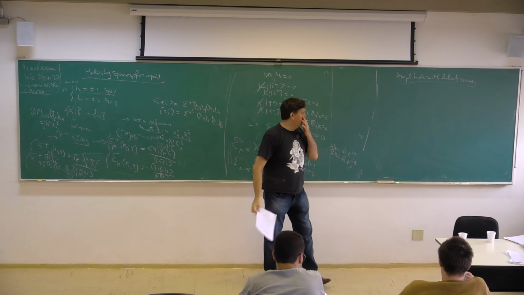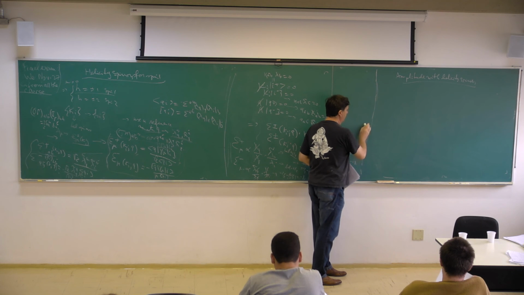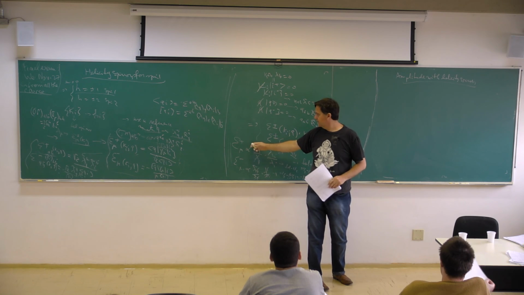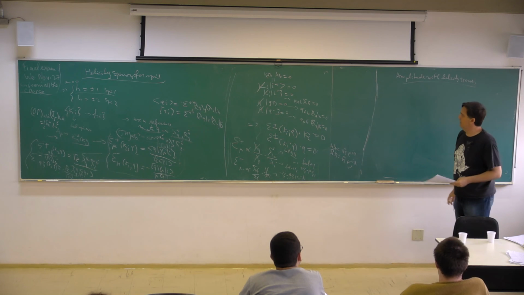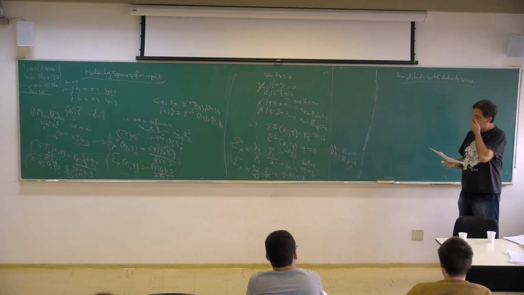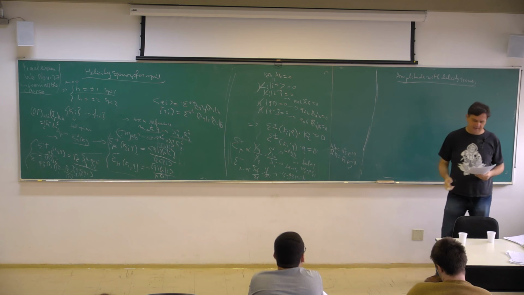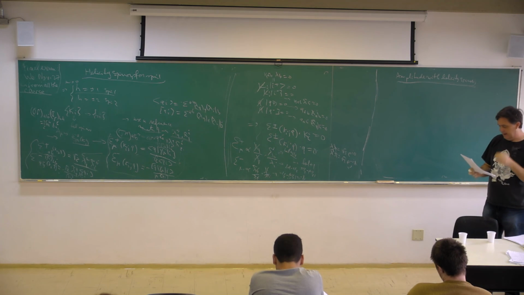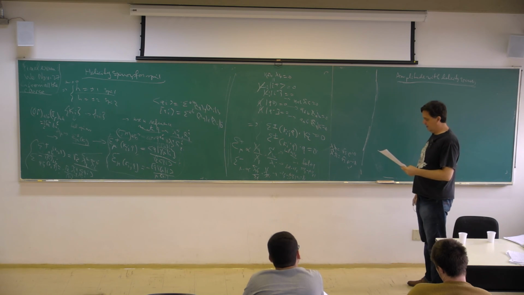In the next class, we'll be mostly interested in the gauge theory case. But in here, we'll just make use of the formulas for helicity spinors and rewrite something we already calculated in terms of helicity spinors.